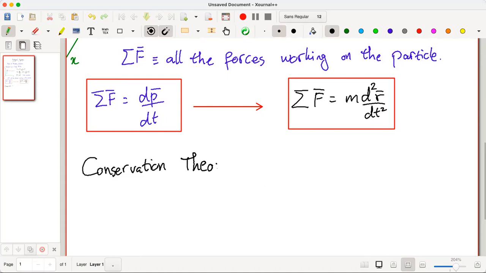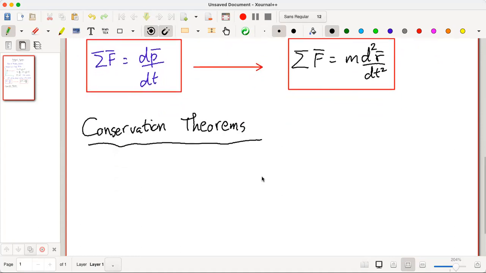We know in mechanics, in general, there are three types of conservation laws. The first one is the conservation of linear momentum.